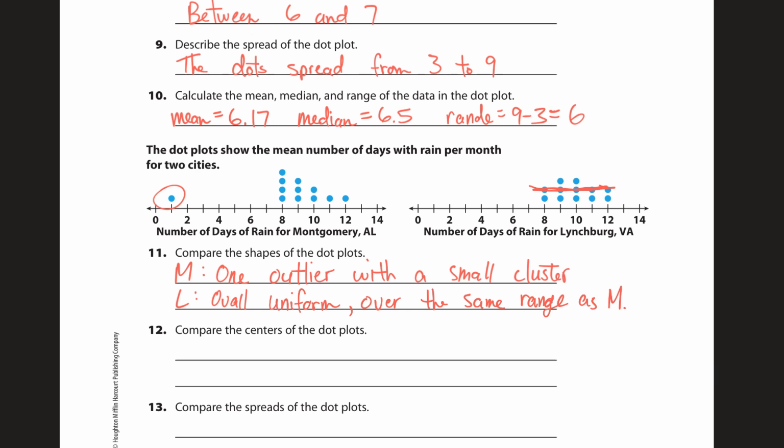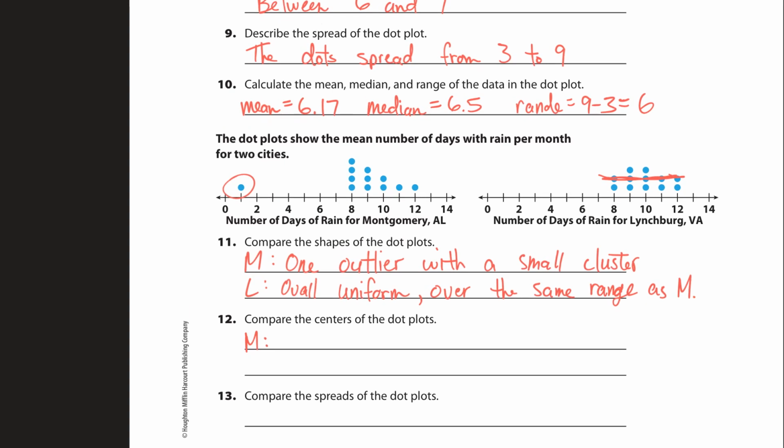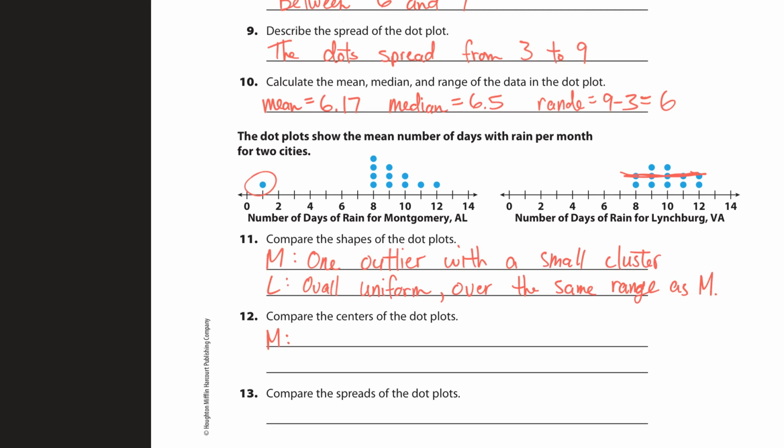Compare the centers. Well, let's see. For Montgomery, the center, how many dots do I have? I have 1, 2, 3, 4, 5, 6, 7, 8, 9, 10, 11. So I think 5 in. But I forgot about that other dot right there, that outlier.